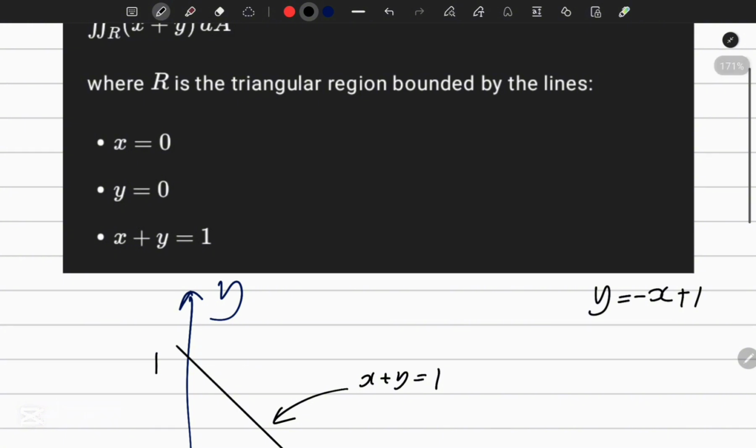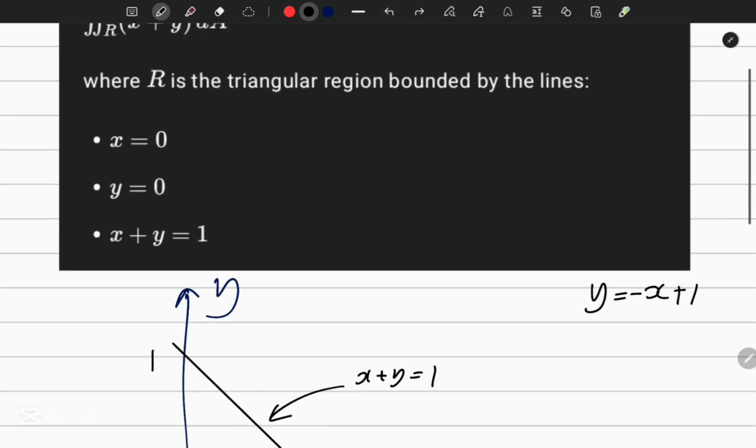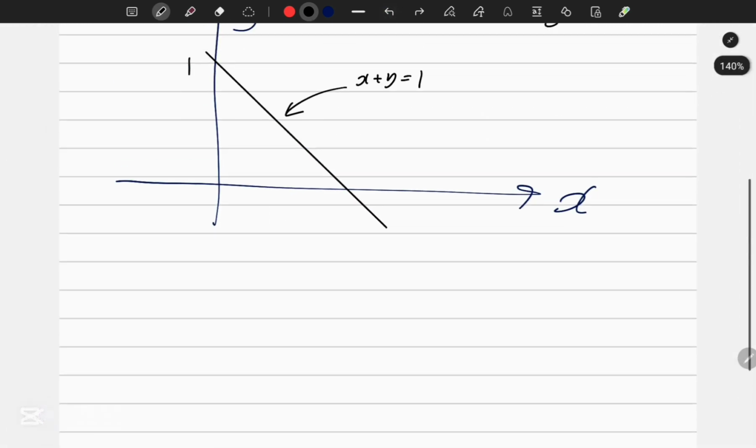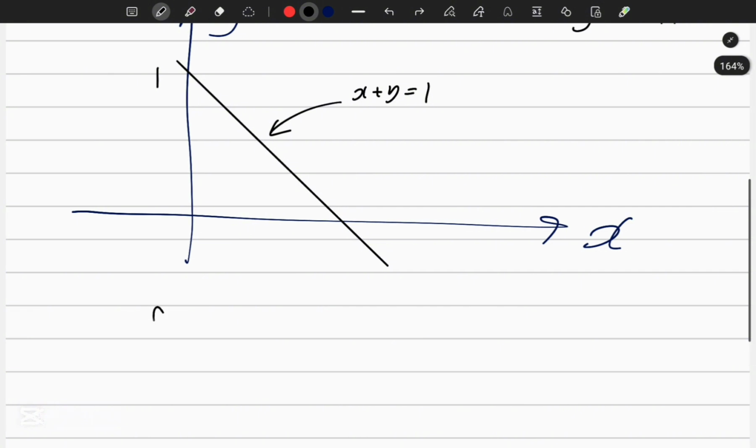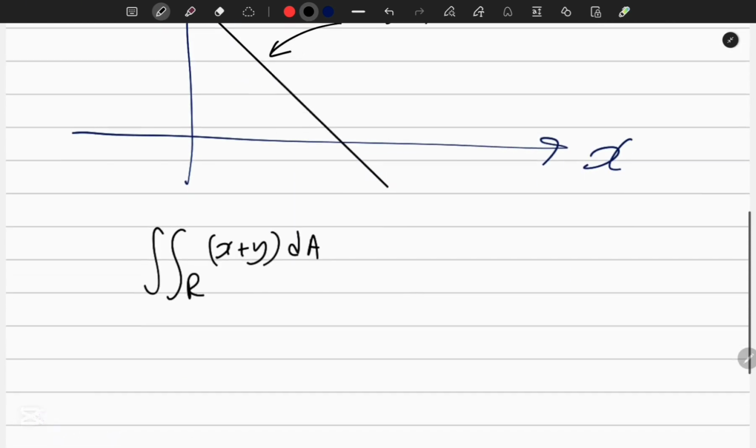So this is the bounded region. We need to find the integral over the region of x plus y dA, so this equals the integral of x plus y dx dy.